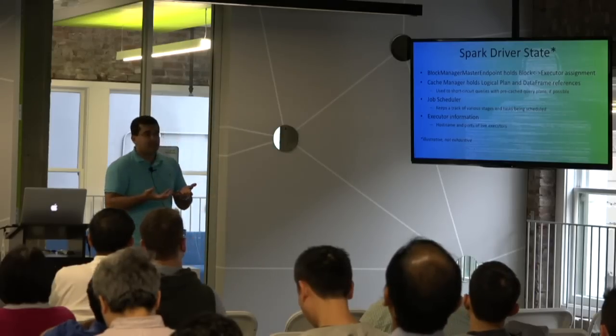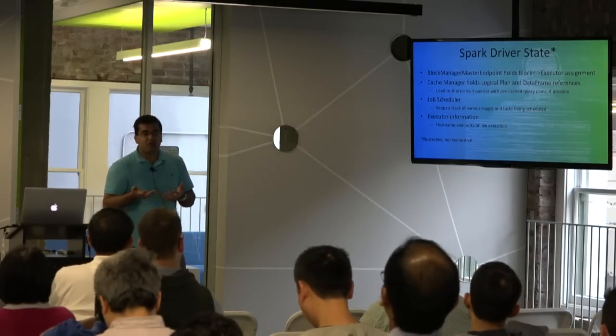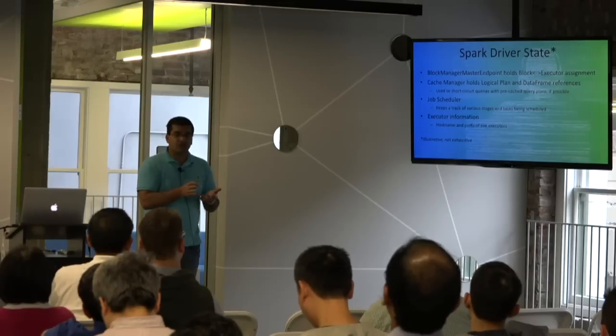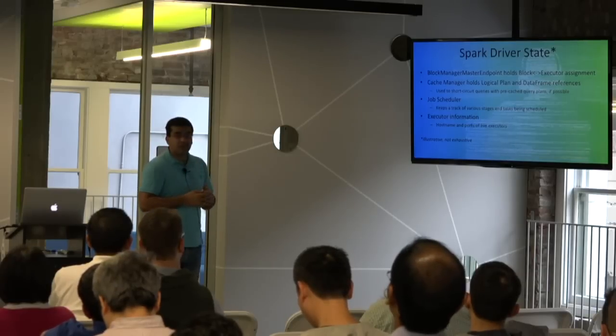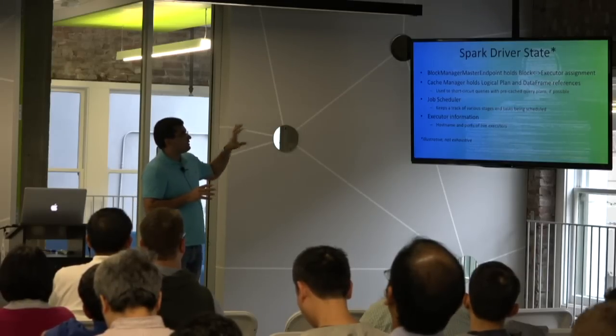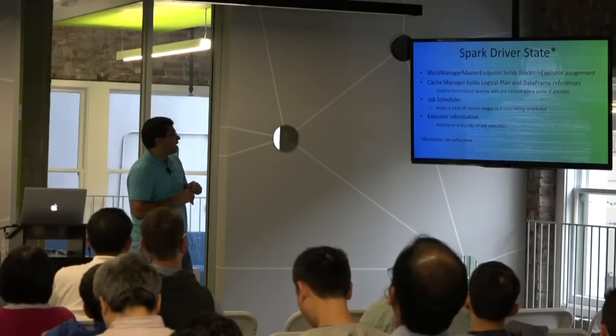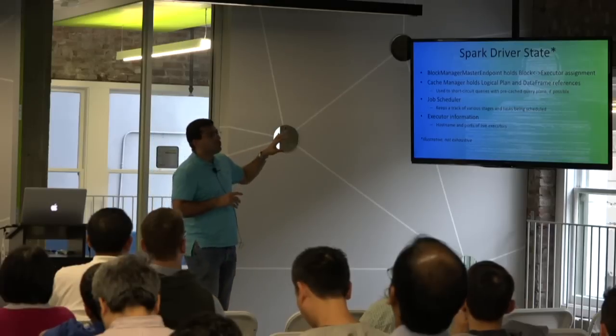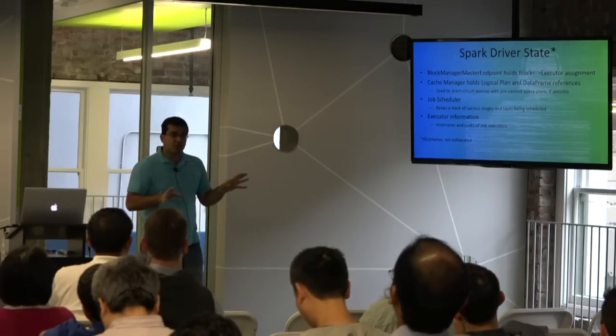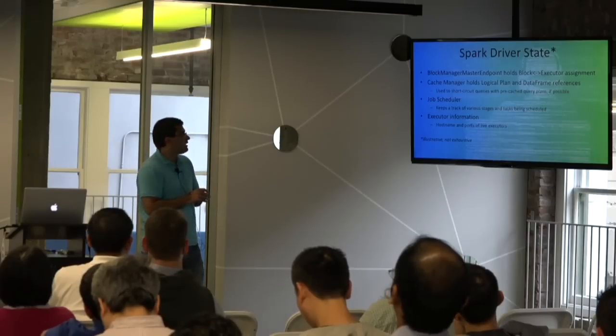Apart from that, there is general executor information around what host names and ports executors are running on. So this is some of the state that's pretty interesting, and some of it may be very hard to reconstruct. And I should point out this is illustrative and not quite an exhaustive list, right?